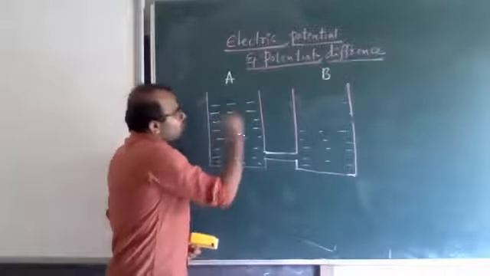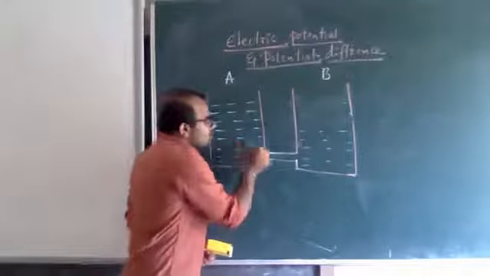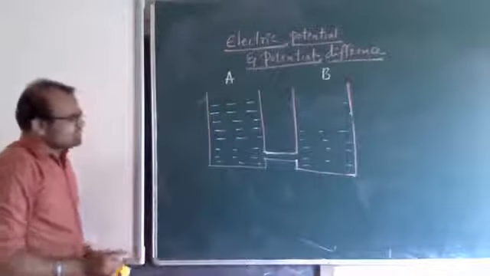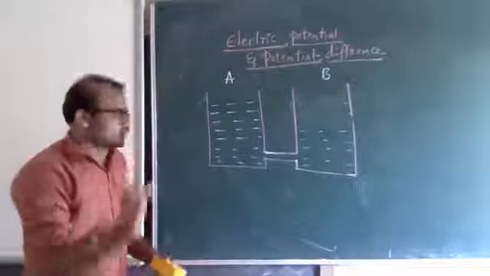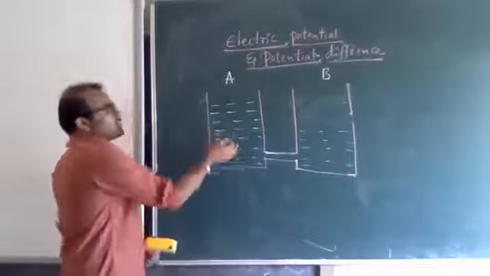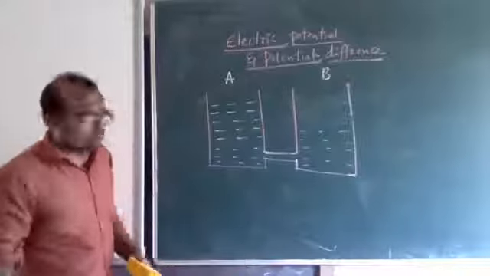Okay, so when it flows from higher potential to lower potential of water, then we must understand that there is a potential difference between these two. The similar thing we can say for electrons. Suppose whatever water we have considered in this tank, you consider them as electrons, the same thing will happen.